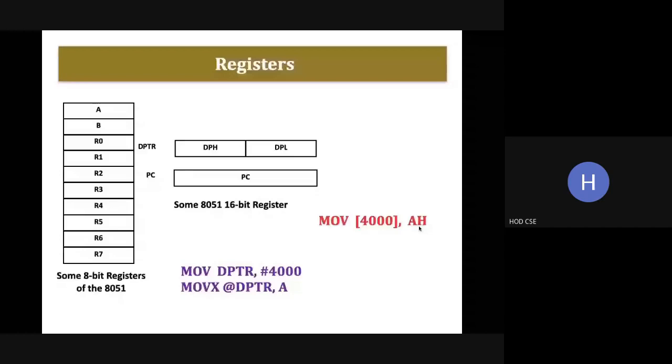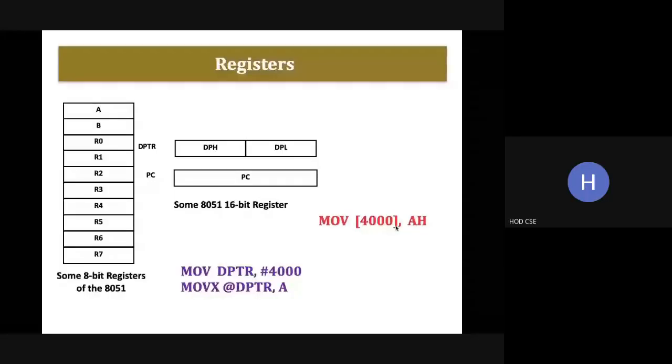What does it mean? The content of AH, which is 8-bit data, is transferred to this memory location. In a memory location, we can store 8 bits.